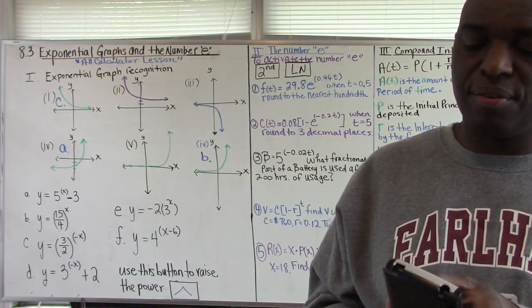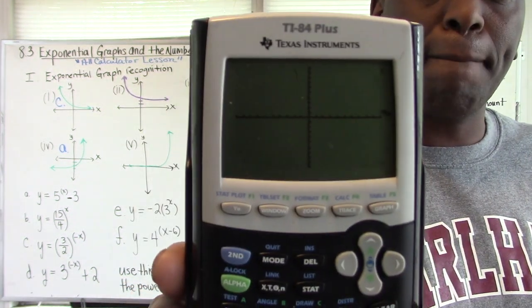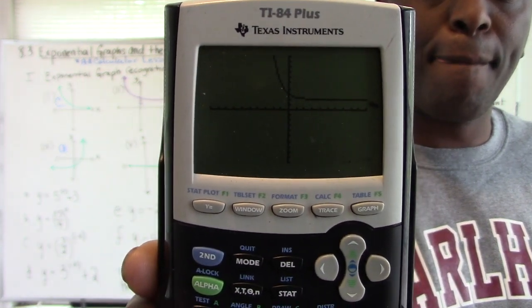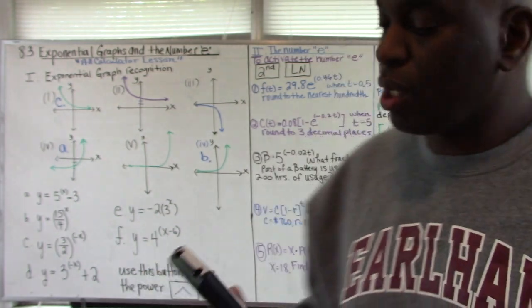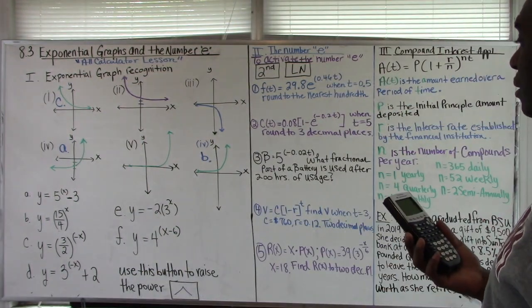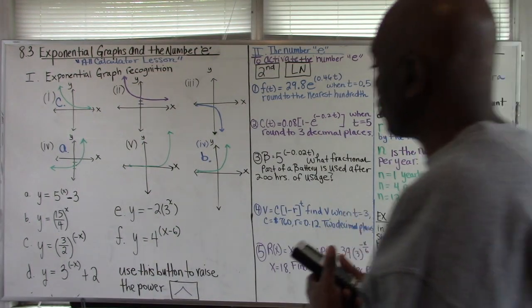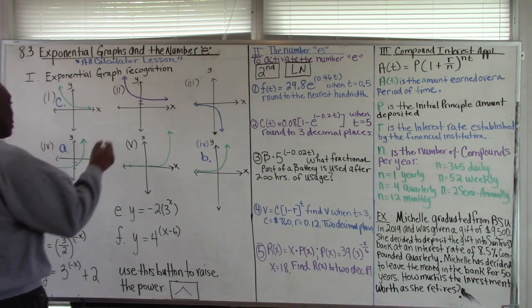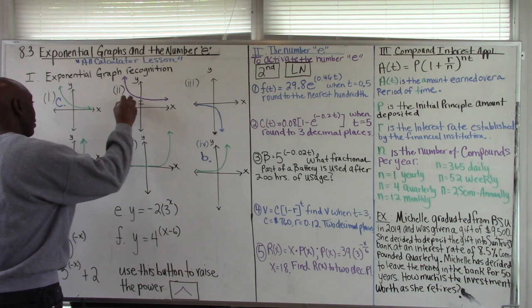Hit graph. That's what the graph looks like. Which graph is that one? That one appears to be number 2. So D is number 2.